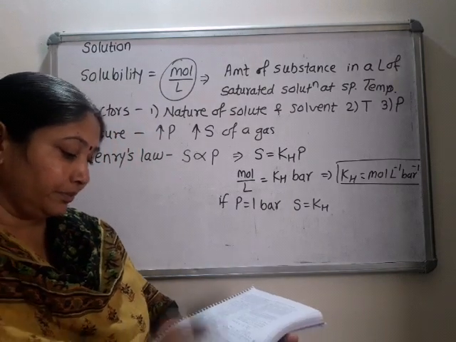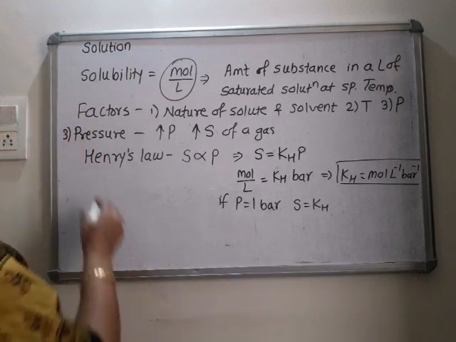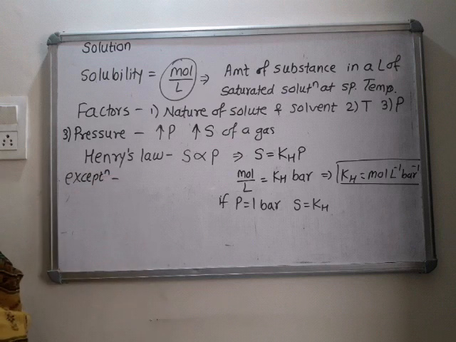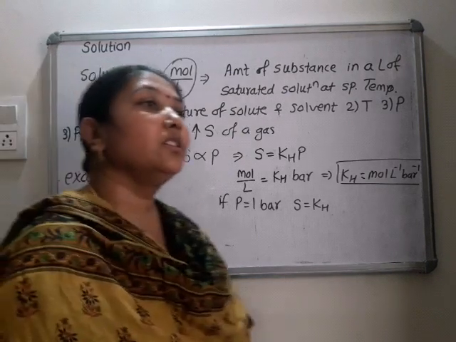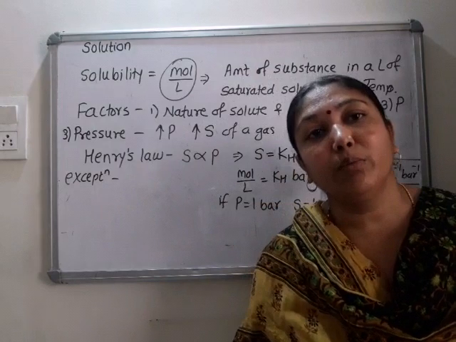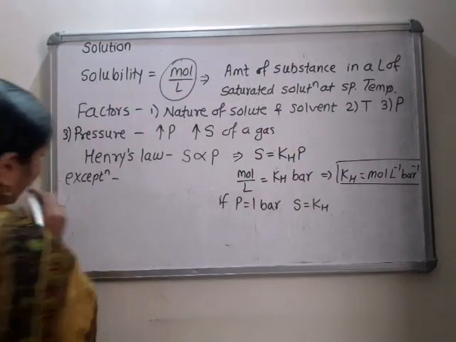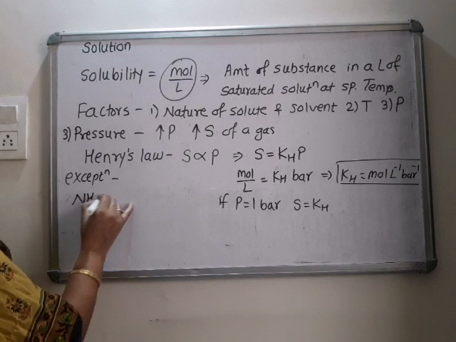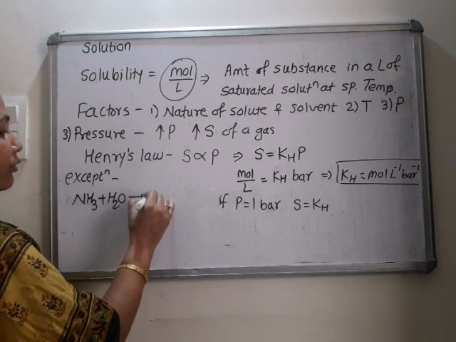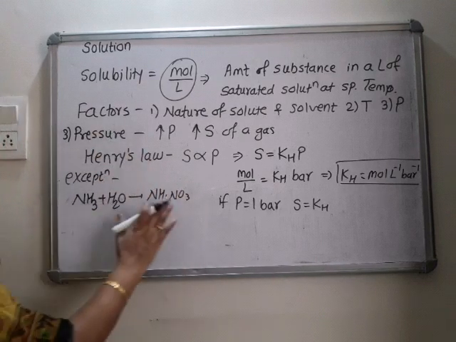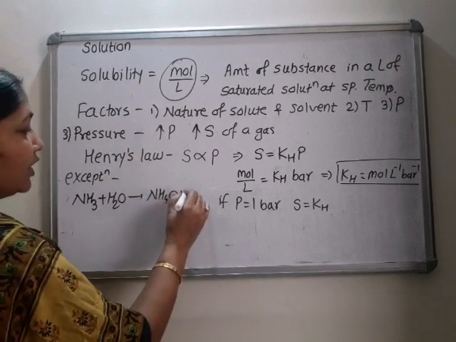Okay. Here they have given one exception to Henry's law. What is the exception? This law is not applicable to those gases which react with water, like NH3. NH3, if we dissolve it in water, becomes NH4OH.